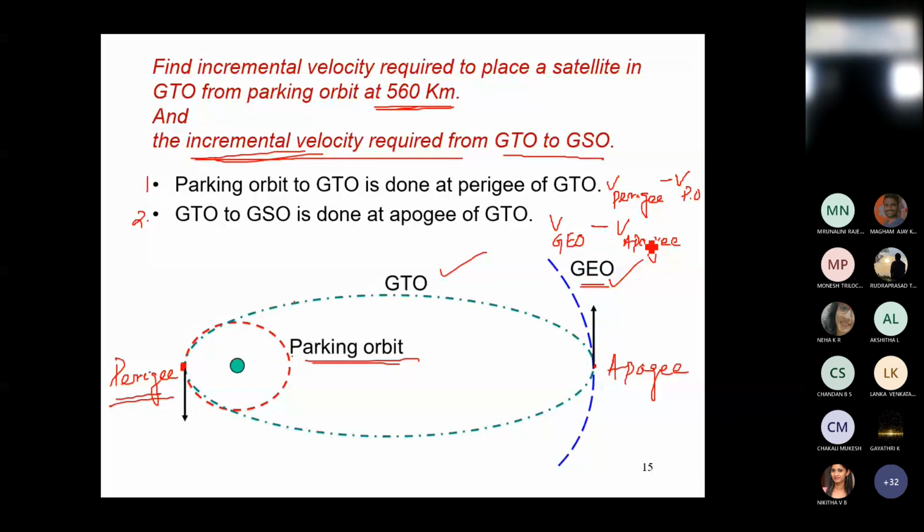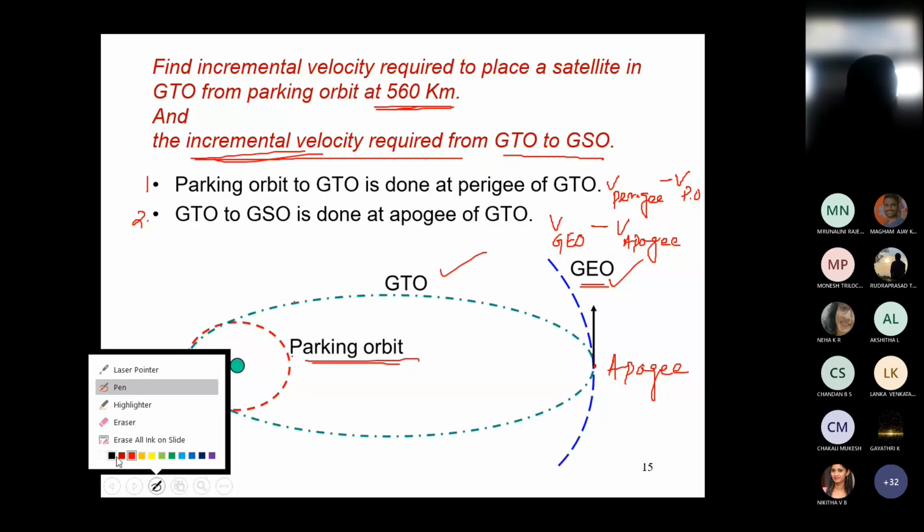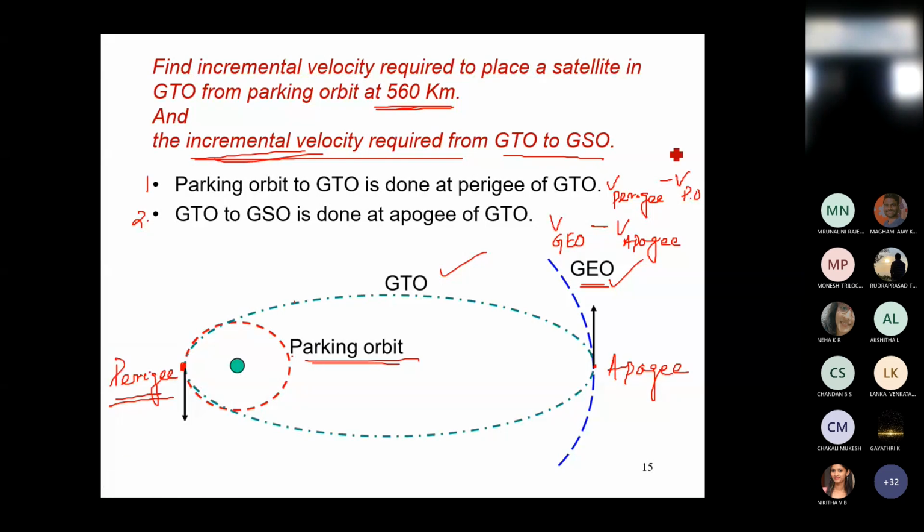So one thing I must tell here is that this parking orbit is a circular orbit. This GEO orbit is also a circular orbit. Whereas when we calculate V perigee and V apogee, they are not circular orbits.